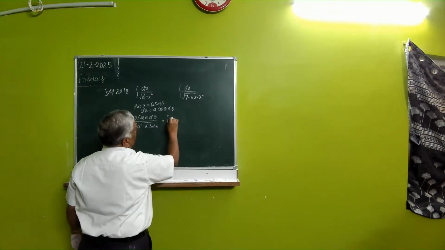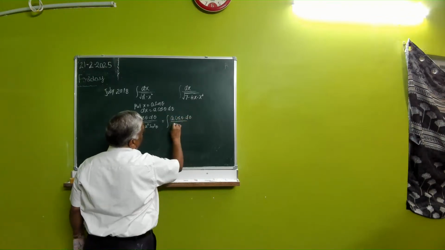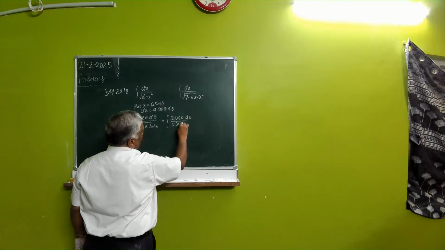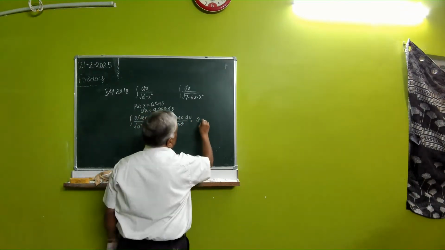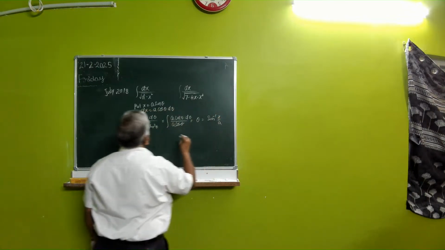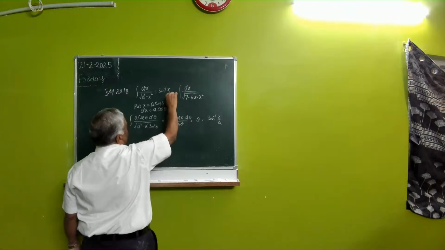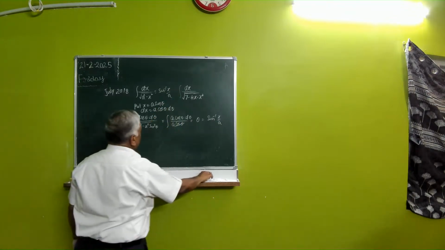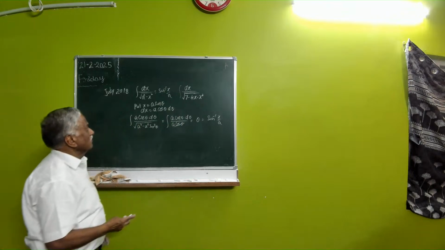That is equal to a cos theta d theta divided by a cos theta. I think we have done it anyway. I am repeating it. This is theta. But what is theta? It is sin inverse x by a. So this is sin inverse x by a. I would have avoided the proof, but I did this in case it is not covered.